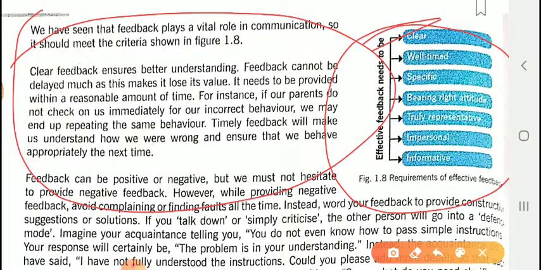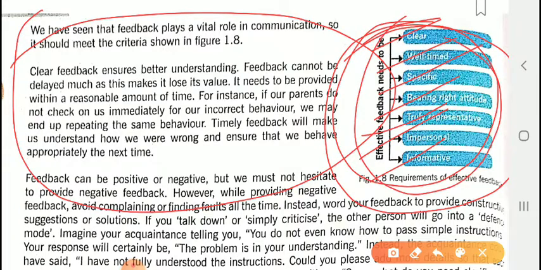First is clear, second is well timed, third is specific, fourth is bearing the right attitude, fifth is truly representative, sixth is impersonal, and seventh is informative. Effective feedback needs to have these types of qualities.